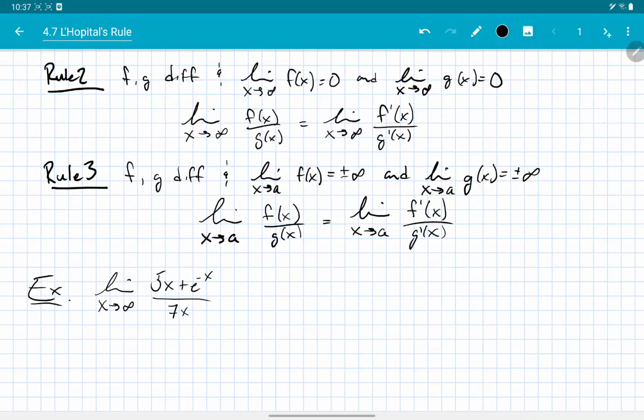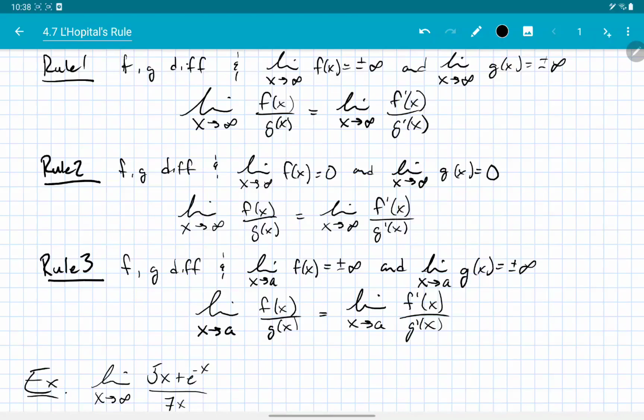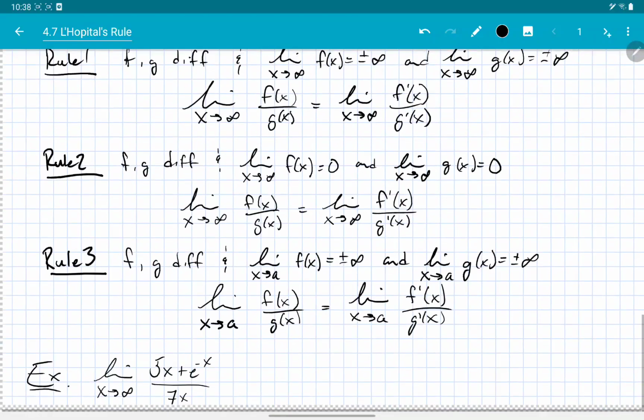Okay, here is a situation where the numerator goes to infinity because e to the minus x goes to 0 and 5x goes to infinity, and the denominator, 7x, also goes to infinity. So this is our rule 1. Rule 1 applies here. Both functions go to infinity.